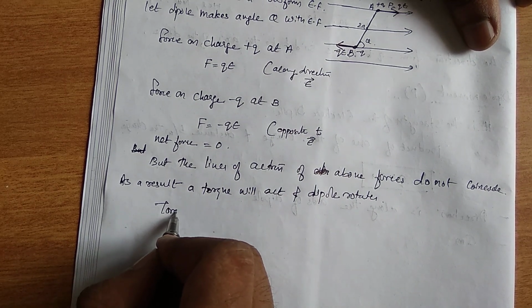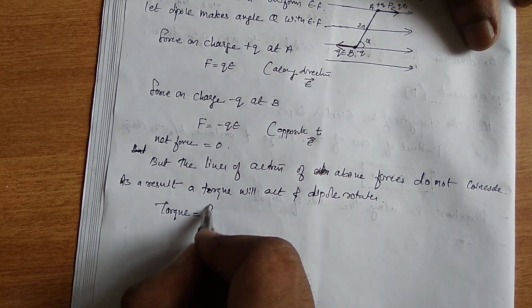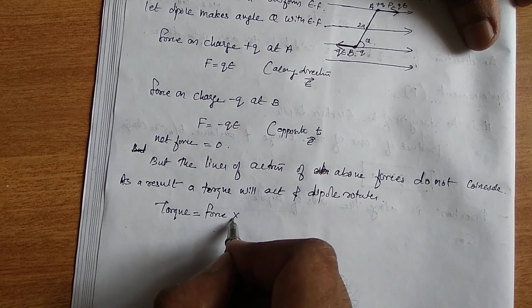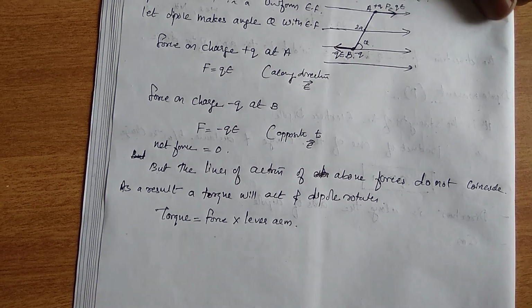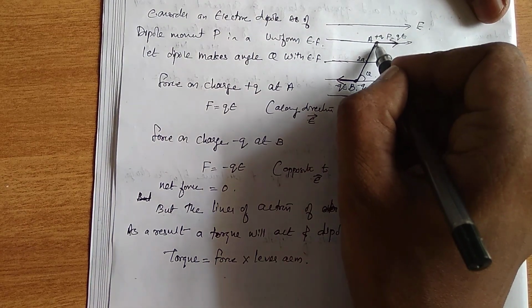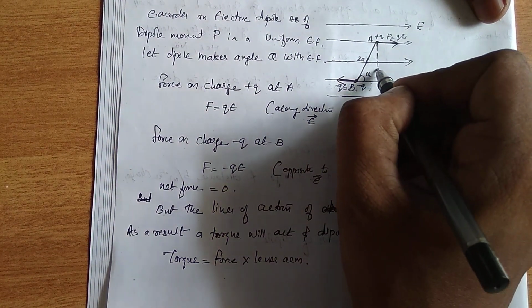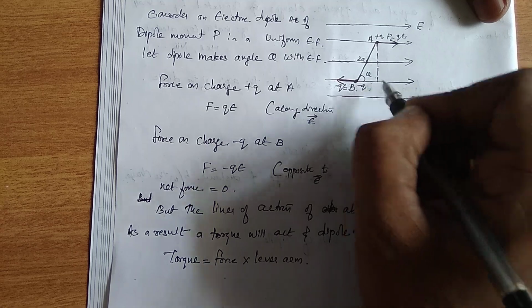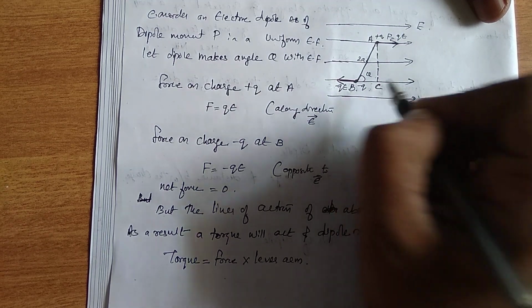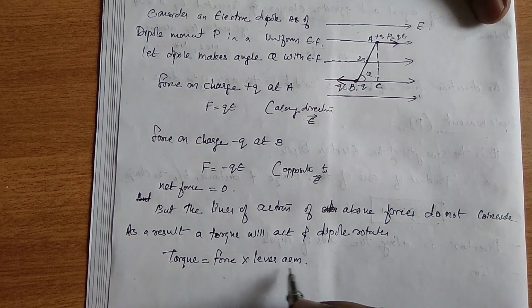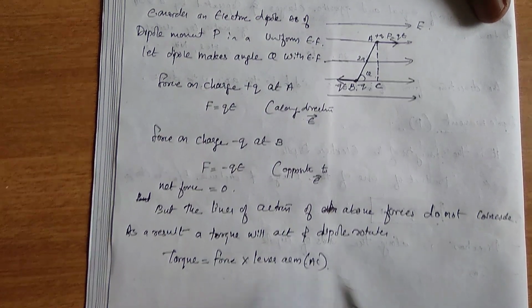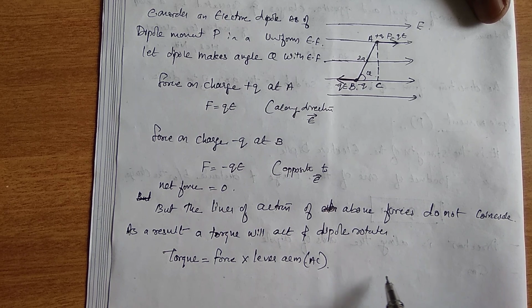We know that torque equal to force into lever arm or perpendicular distance. Then we have to construct a perpendicular line. Take this point as C. Lever arm means AC. We have to find the value of AC.